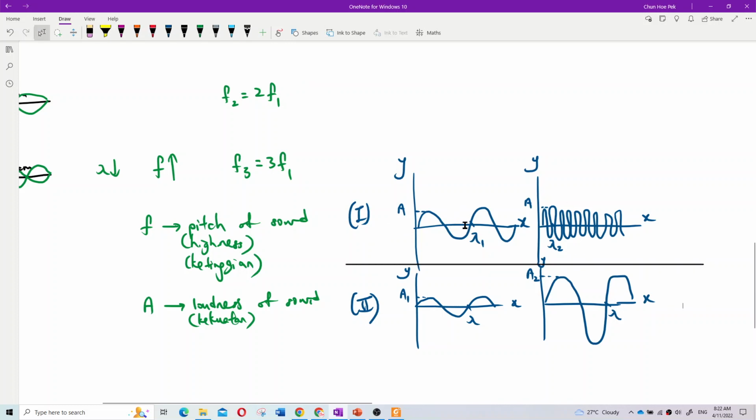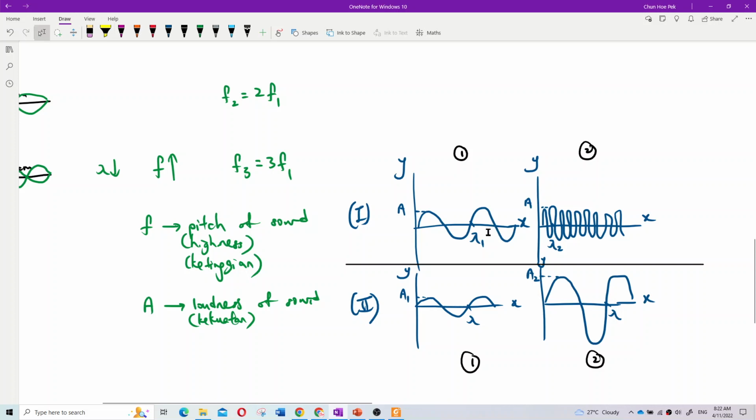For the first one, what's the difference between these two? Tell me. Lambda. Okay.